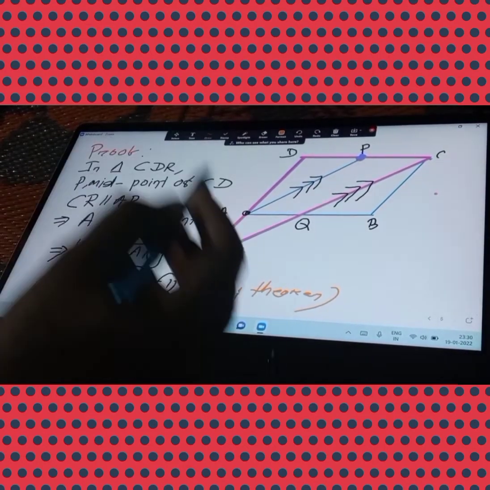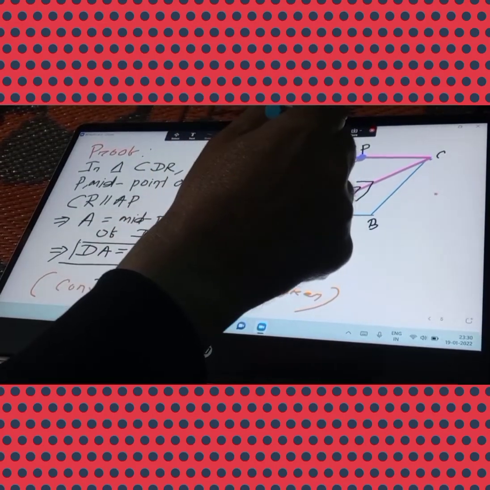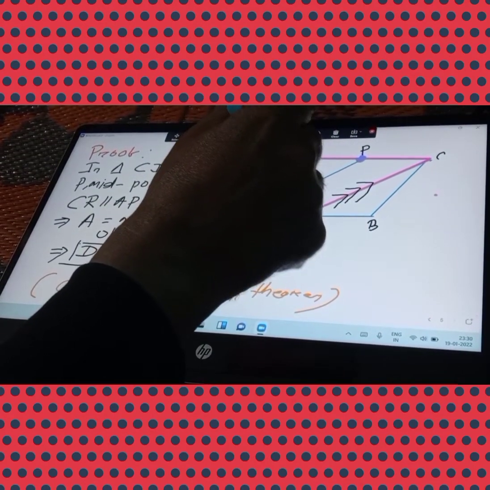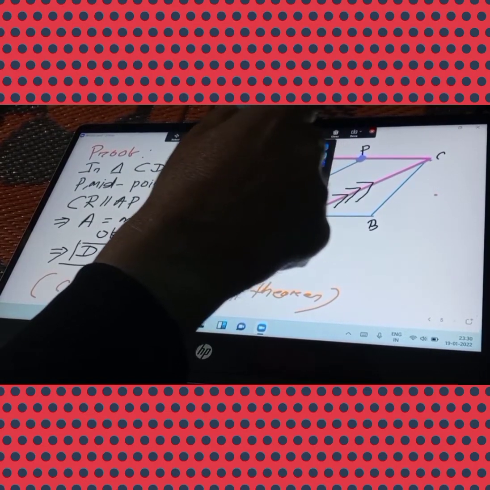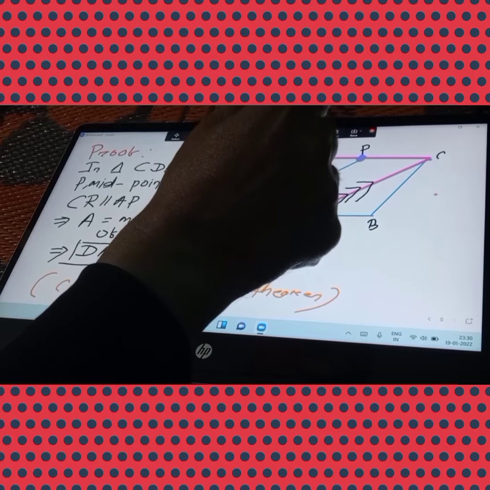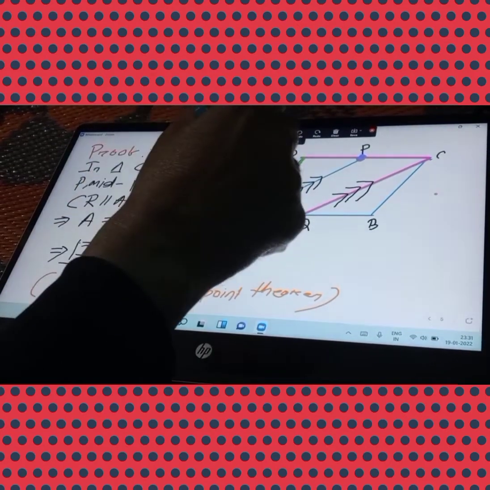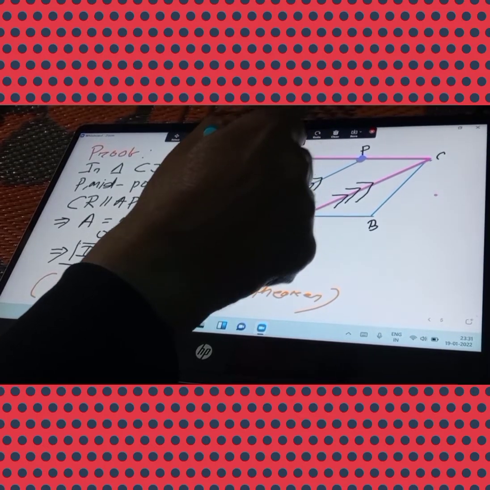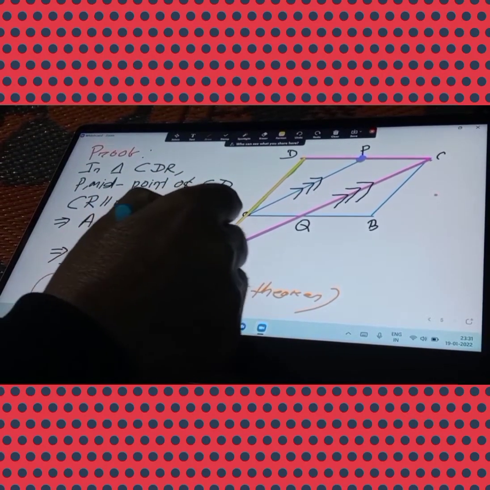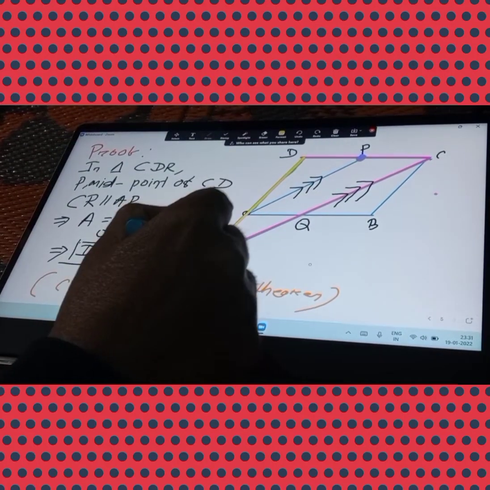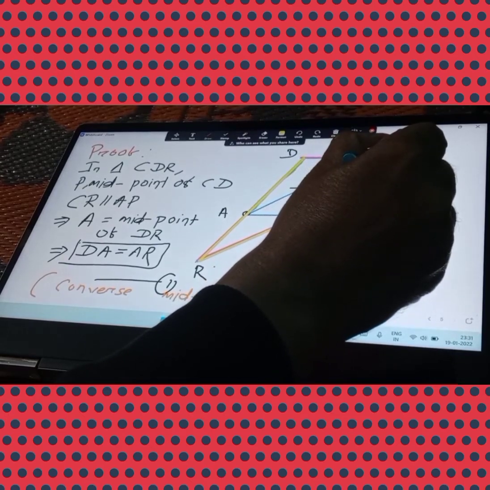Understand? So a similar process, and you can see here. Look at here, and here again. I'm looking at this triangle, same case.